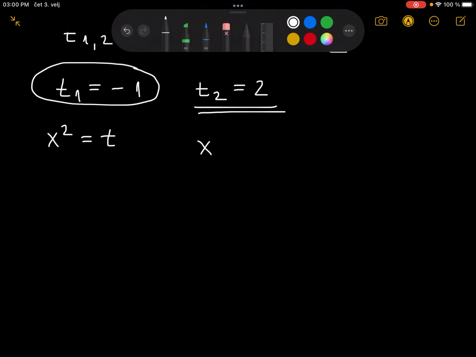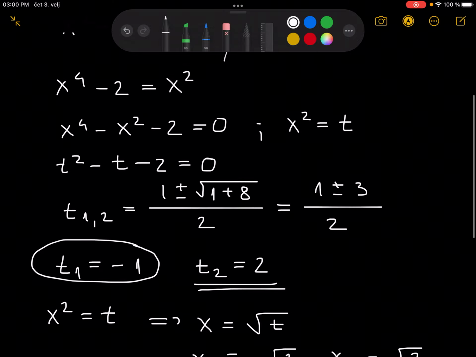So from here, it follows that x is equal to the square root of t, which would make x1 equal to the negative square root of 2, and x2 equal to the positive square root of 2.